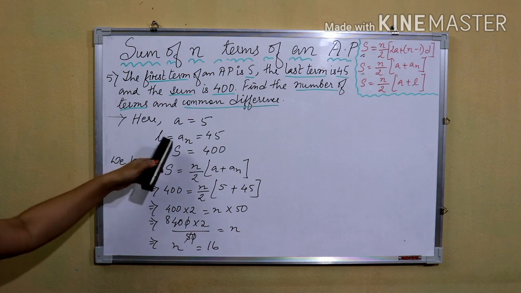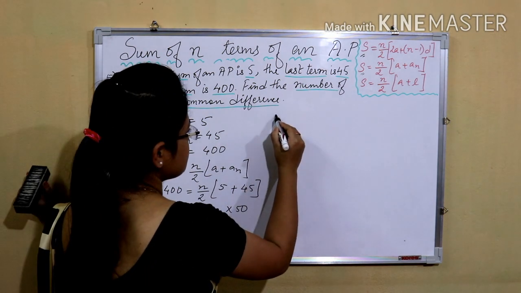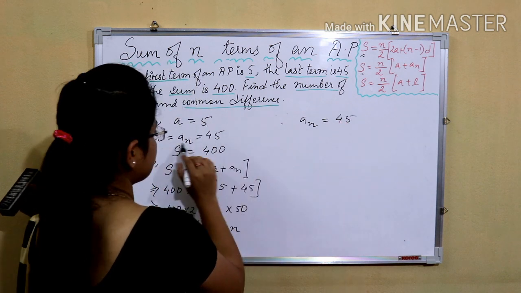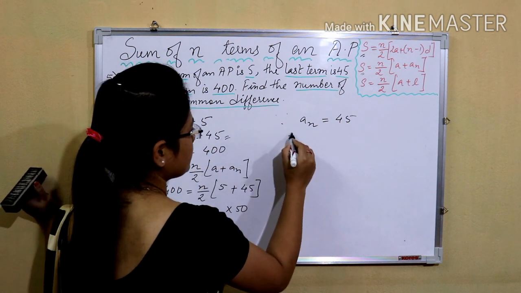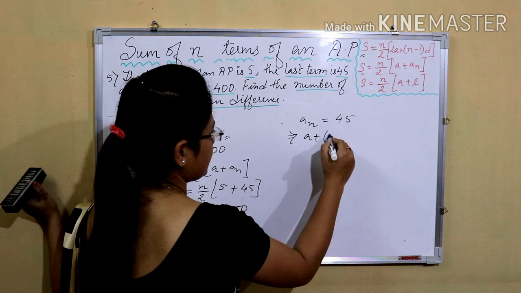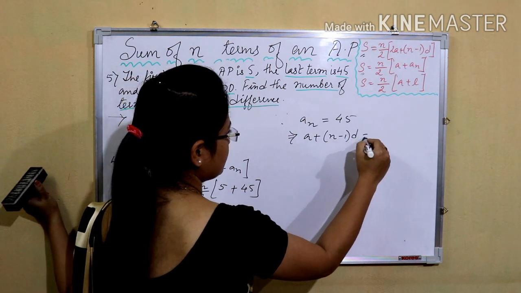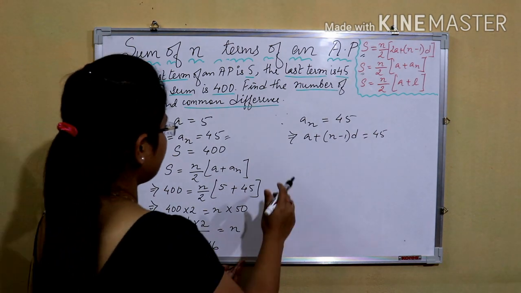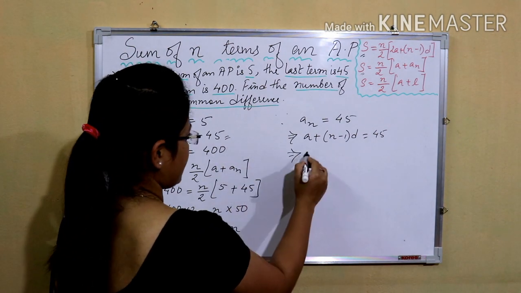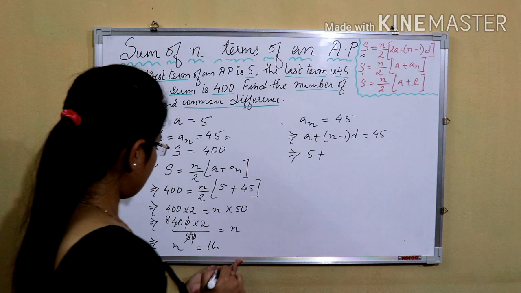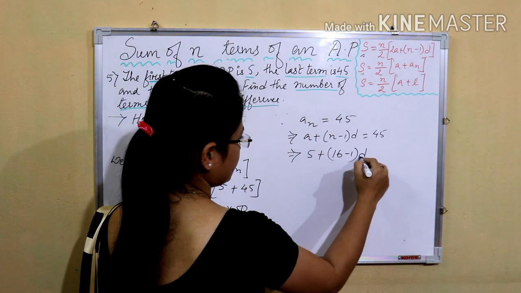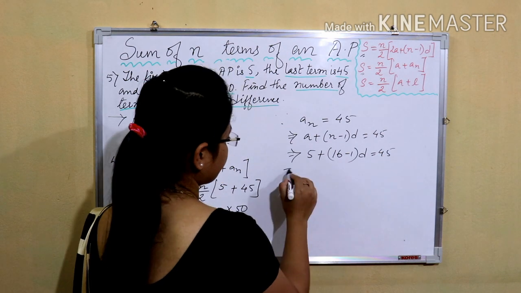Or we can use this a_n also. Since a_n equal to 45 is given to us, a plus (n minus 1) d equal to 45. A is 5 plus, n we got 16, d equal to 45.